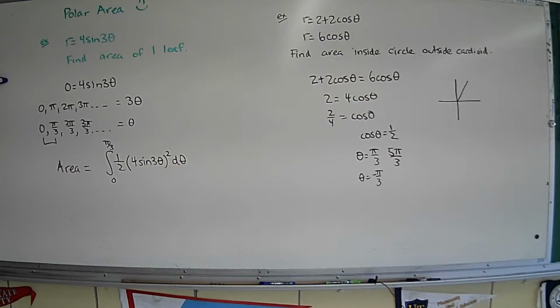Now, here's what I want you to see. You might think that the two angles that we found, pi over 3 and 5 pi over 3, are what we're going to use. Okay? So watch what happens here. All right? On my graph, I'm going to turn off the circle just for a second.